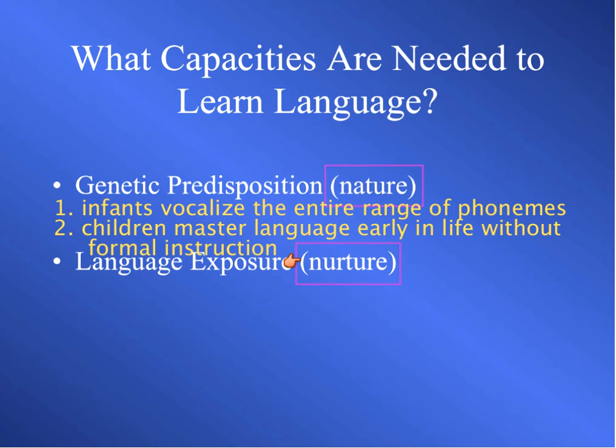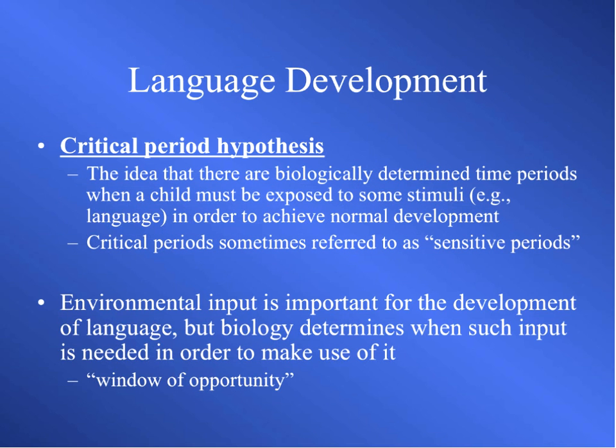Here we could talk about a model that lets you think about not only the nature stuff that was going on up above, but down below here, the nurture elements as well. And the bridge comes in the form of this model that's known as the critical period hypothesis. So let me explain that with this slide.